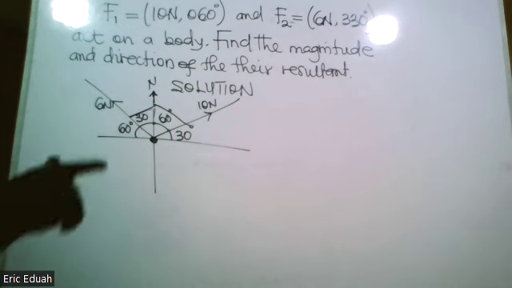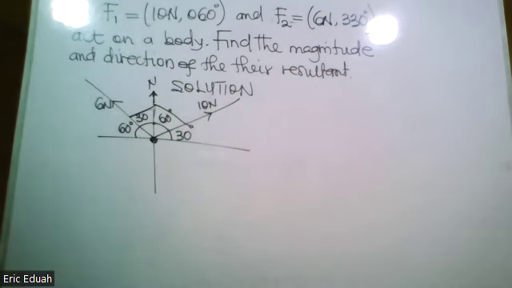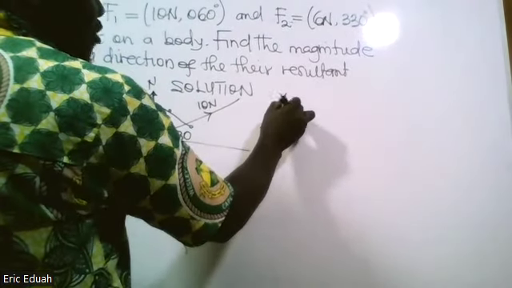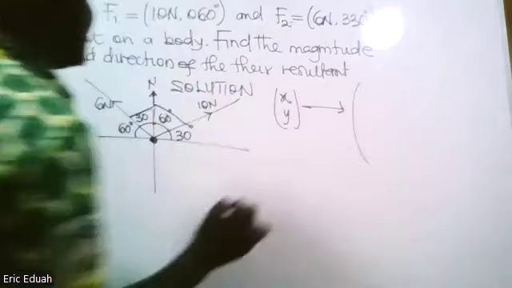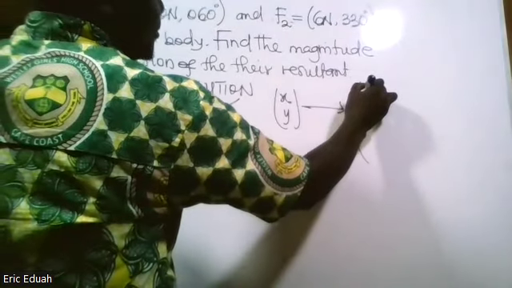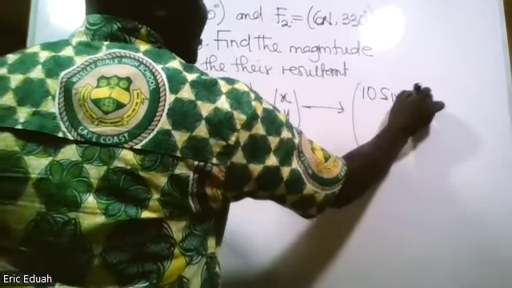But another way of doing the same thing is to resolve these into components. The x and y components of F1: this is 10 sine 60 degrees.